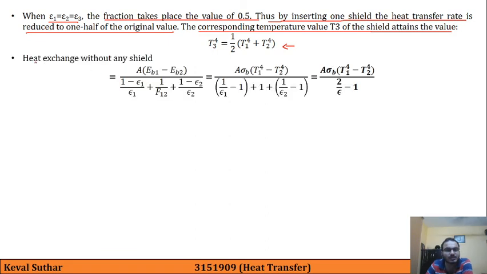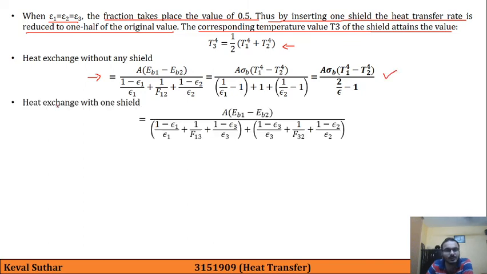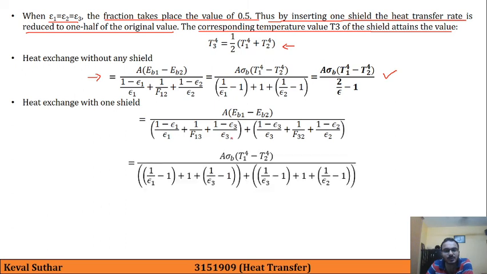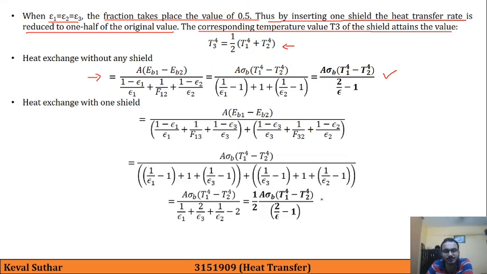And then the heat exchange without any shield was already there in our previous slide. So here by taking common epsilon and F12 as unity, we will obtain this formula, and with one shield and the common values of epsilon 1, epsilon 2 and epsilon 3, we will get this.